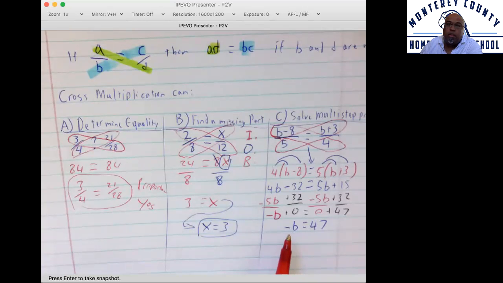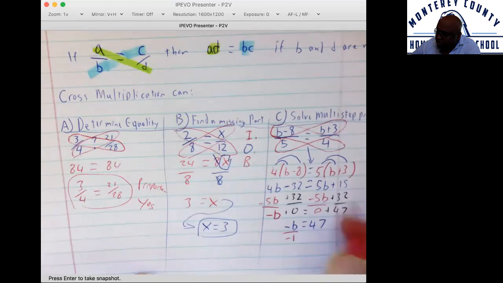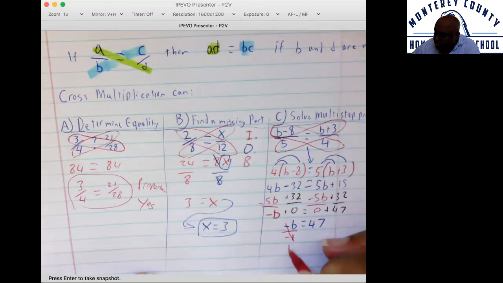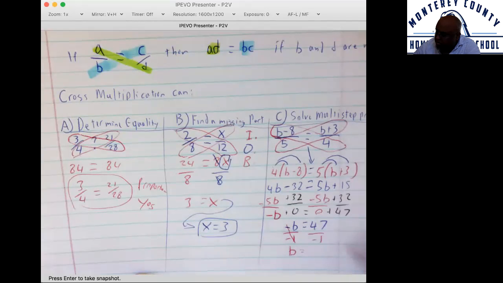And remember, nothing in algebra means an understood or an invisible one. Okay? So to get rid of that negative sign, I must isolate the b by opposite operation, divide by negative 1, and that cancels the negative sign and makes it positive to both sides of the equation.